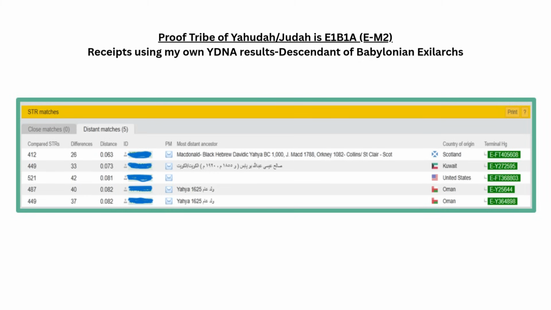And I was put into the major haplogroup E1B1A. More specifically, though, I have a terminal haplogroup because my test was very, very specific, which I won't get into here. For the purpose of the point I'm trying to make here, just know that I'm E1B1A, which is EM2. So after getting the results, I uploaded it to a platform called YFull.